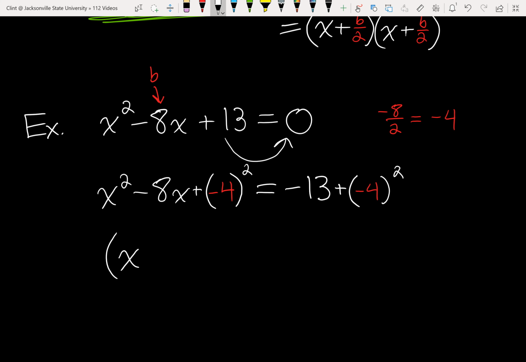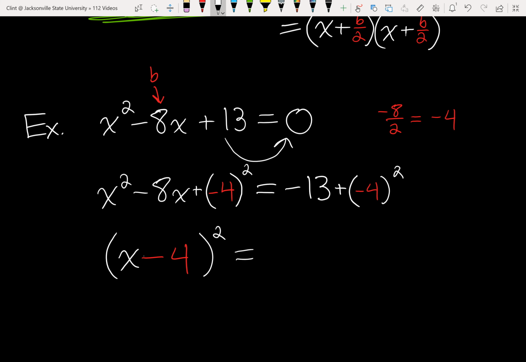It's plus our number inside the parentheses we had, which was negative 4, squared. So all we've done is we factored the left side. And if we want to, instead of having the plus and negative number, we can write minus 4. Still have an equation, so here's our equal sign now.